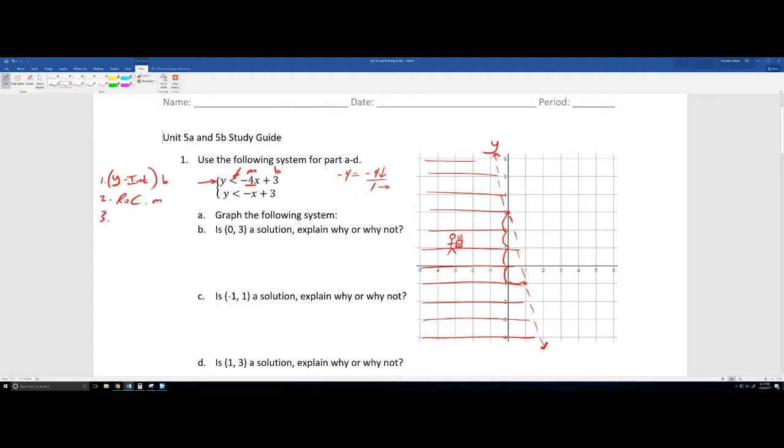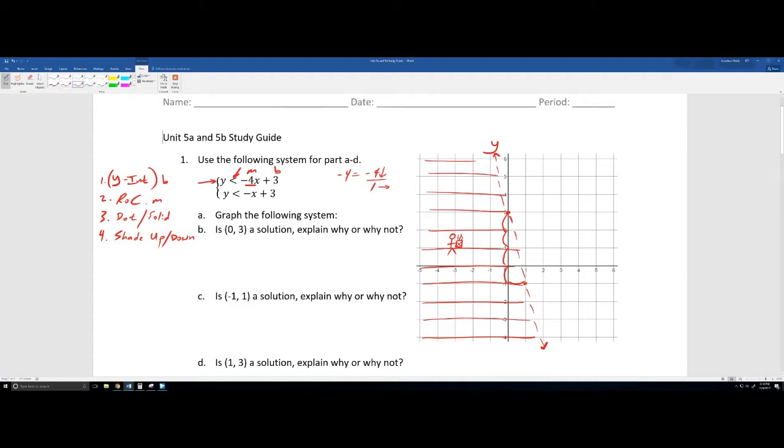And then third, dotted versus solid boundary line. Be aware of that before you graph or draw your line. And then fourth, shade up versus shade down. So make sure you understand those are your 4 steps when you're graphing inequalities.